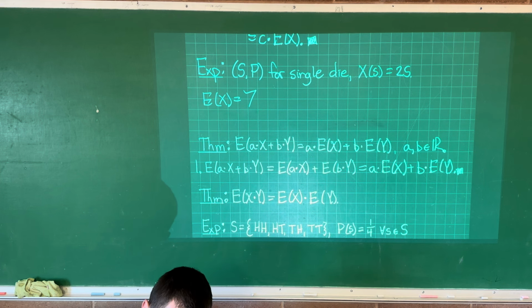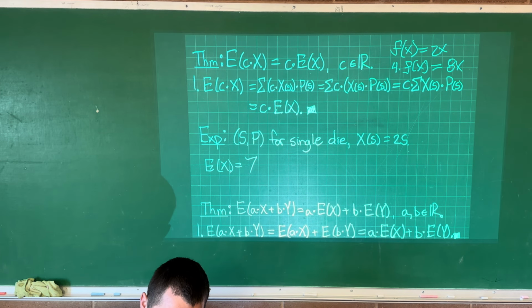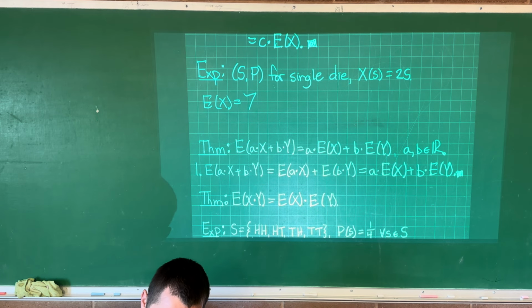So the expected value of a sum of 2 functions is just equal to the sum of the expected values. So we already know if you have the sum inside, you can pull it outside and do the expected value on each half. That's just using the first thing we proved. And then using what we just barely proved up here, you can pull constants outside the expected value. I can pull the c out. So I can take the a and pull it out, which is how I got this term, and I can take the b and pull it out, which is how I got this term. And we're done.